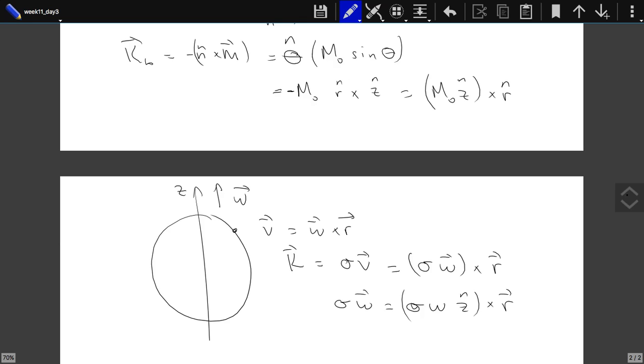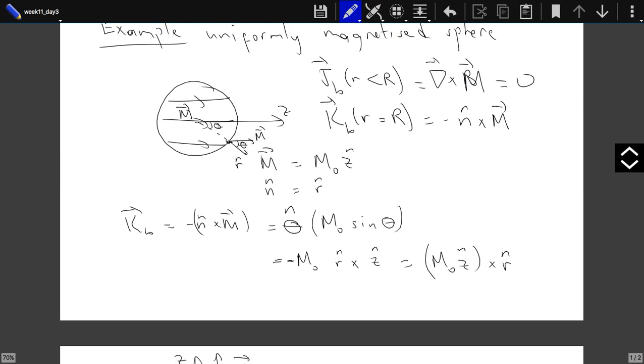How did you arrive from the expression for the current density to the surface current density? Here you mean? Yes, from JB equal to curl M to the expression below it. How can you link them?